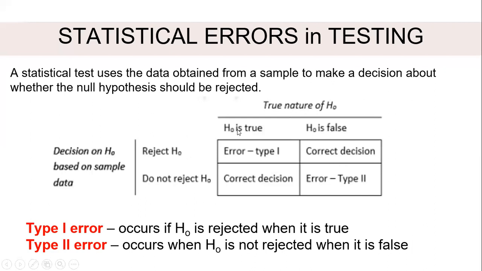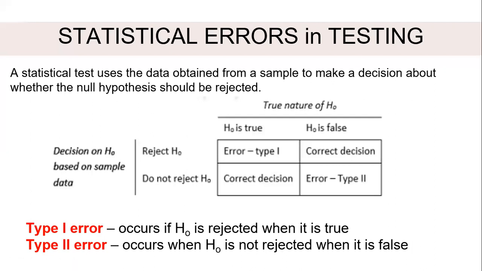If your null hypothesis is true and you did not reject it, that is also a correct decision. However, if your null hypothesis is false but you still did not reject it, you committed an error, which we call a type 2 error. Type 2 error occurs when the null hypothesis is not rejected, even though it's false.